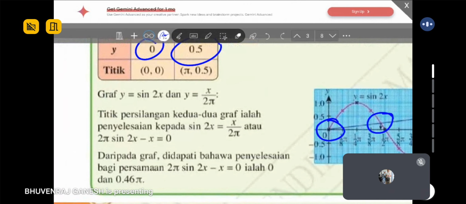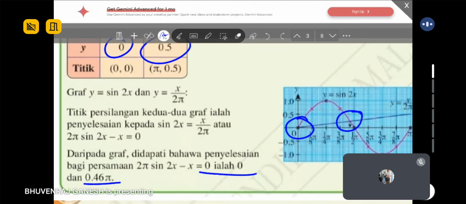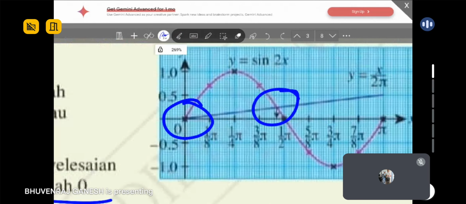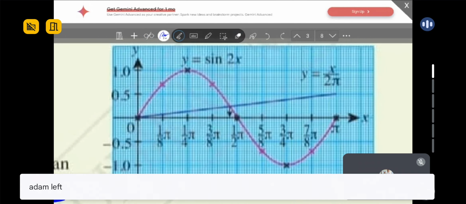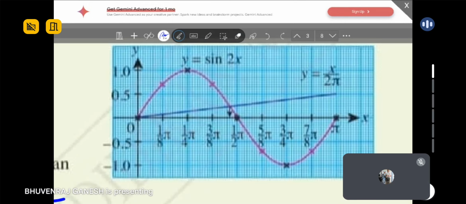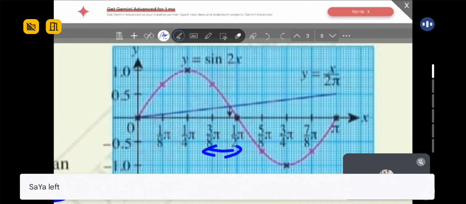Ada 2. So you can say that the solutions are 0 and also 0.46 pi. This value you can actually read from the graph. Kamu boleh baca, because you have a scale. Kamu ada skala. This gap is actually, let me count and see, 1 over 8 pi.